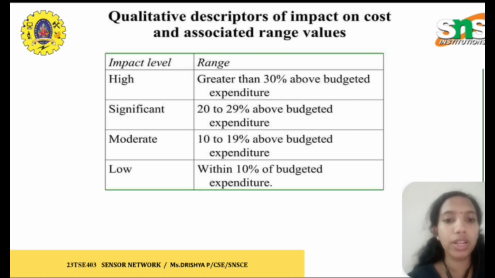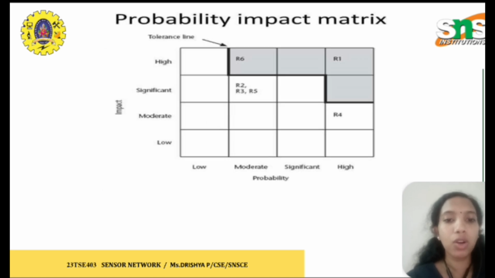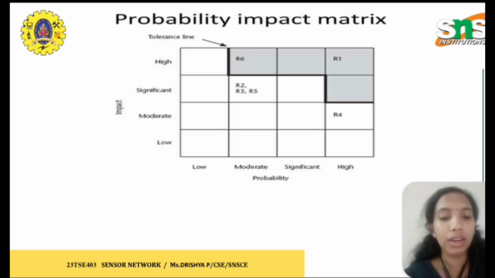The impact level is high when it is more than 30 percent above budgeted expenditure. Significant is 20 to 29 percent. Moderate is 10 to 19 percent. Low is within 10 percent of budgeted expenditure, where the impact level is very low. This is a probability impact matrix used for R1 to R6, with levels of risk: high, significant, moderate, and low.